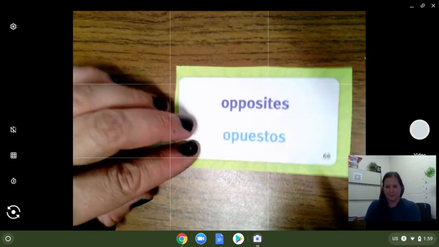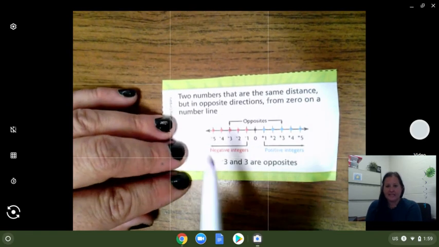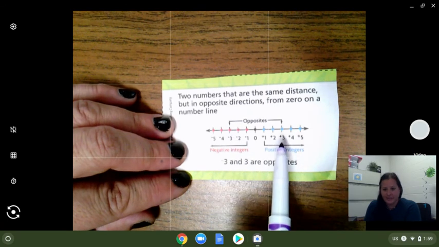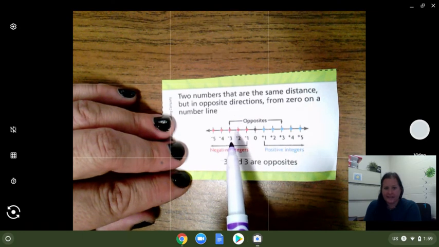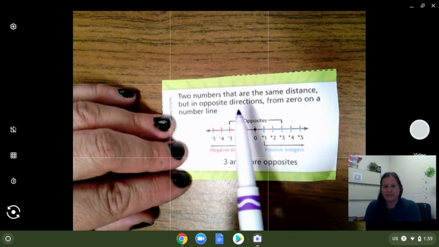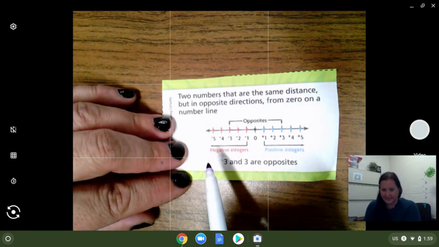Opposites. You know what an opposite is, but in math, the opposite of a negative 3 would be a positive 3. Opposite of a positive 3 would be a negative 3. So two numbers that are the same distance but in opposite directions from 0 on a number line are considered opposites.